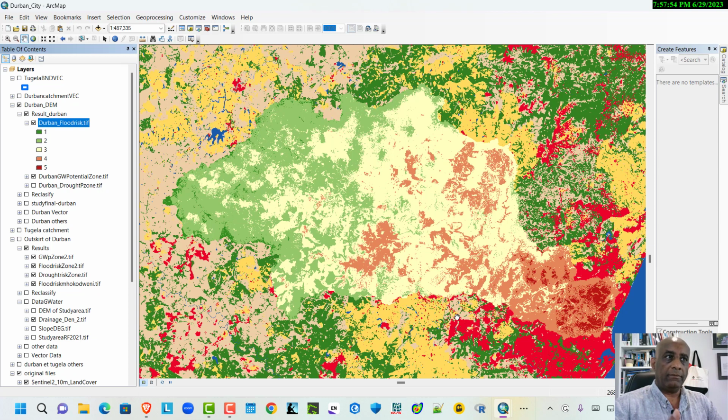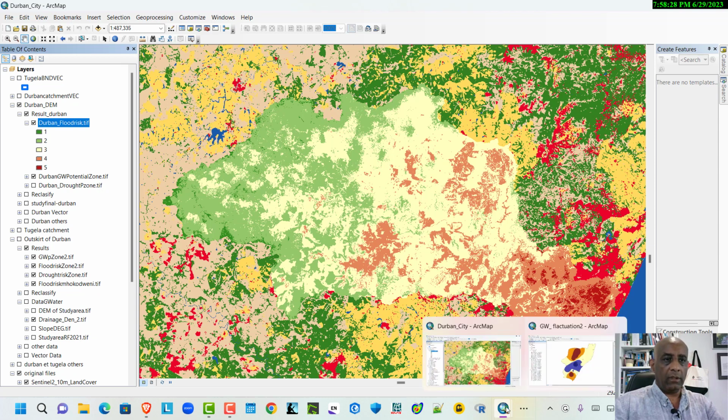It's simply easy to report and display the result to the administrators, decision makers, and urban planners, so they take the area and come up with a protection mechanism for the area that is vulnerable to flooding.